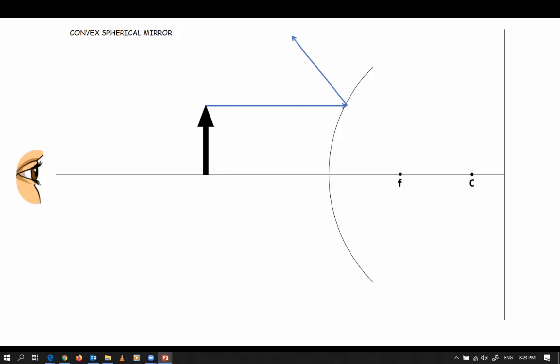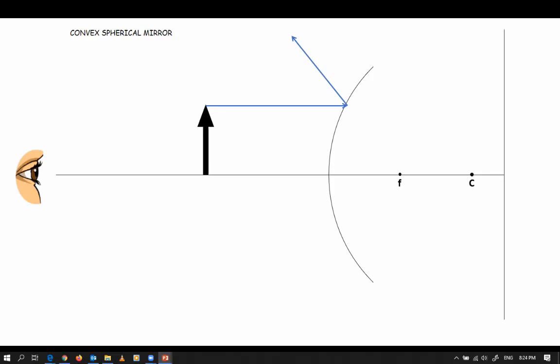Well, now you should be able to see right away that this is not going to work in terms of producing an image the way we did in the concave spherical mirror. With the concave, all of the light rays bent together and converge to a single point. This, however, is a diverging mirror. So we have to do things a little bit differently.